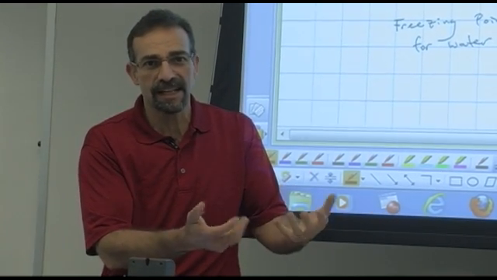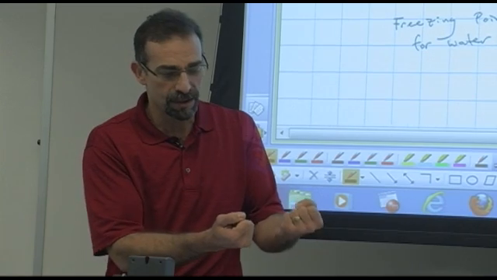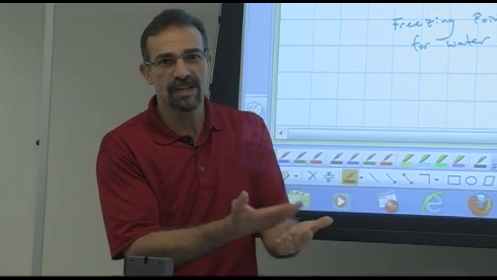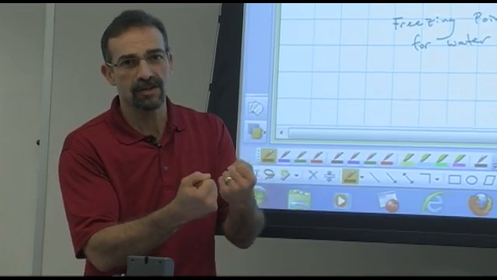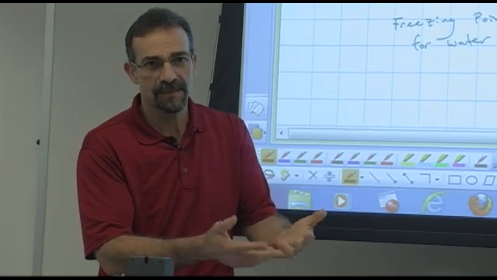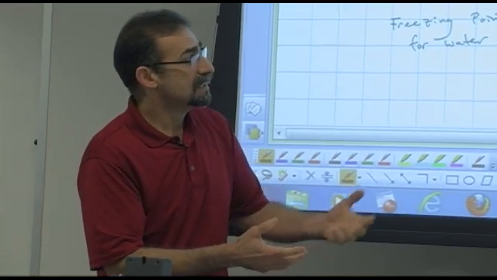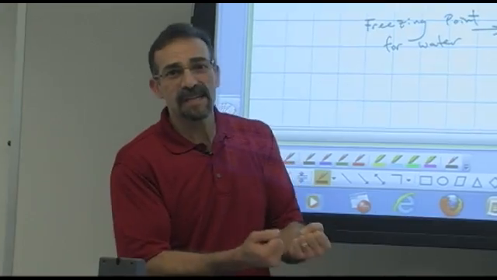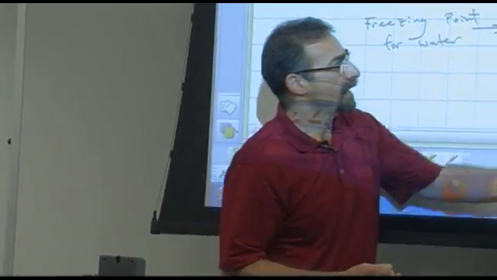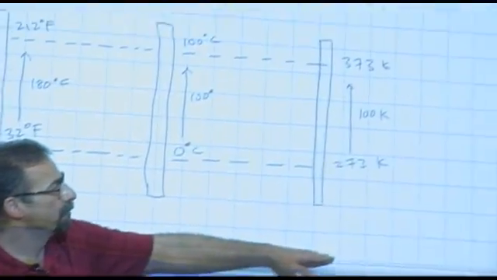When they don't have any more kinetic energy, it's gone, right? We can't pull any more heat out. We can't cool it anymore. We call that absolute zero, where the molecular motion ceases, where the atoms are at rest. So that's as cold as we can make something. That's absolute zero. And that is 0 Kelvin.